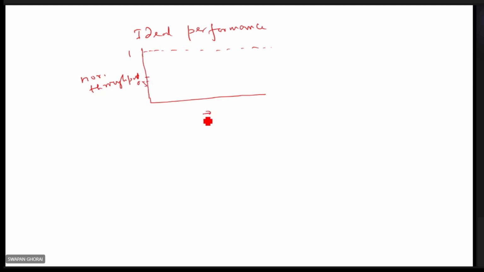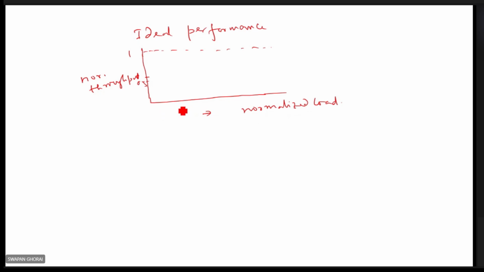And here you are increasing the load, let us say the normalized load, not to scale. Normalized load means unitless values. Some values we are considering here.